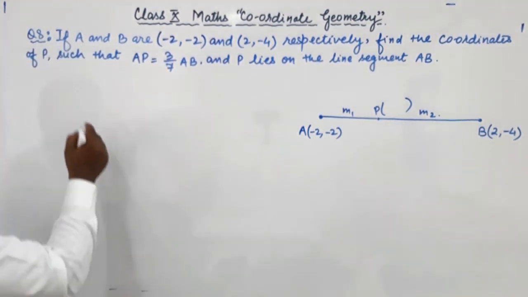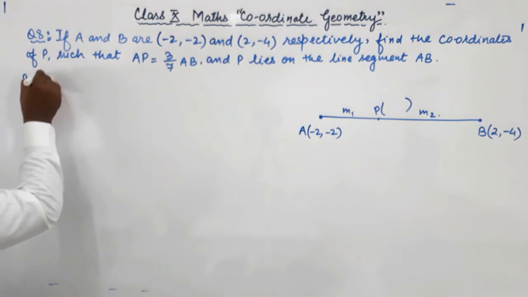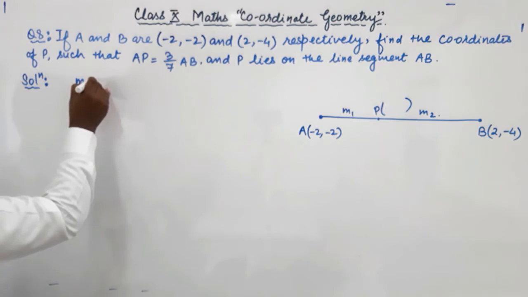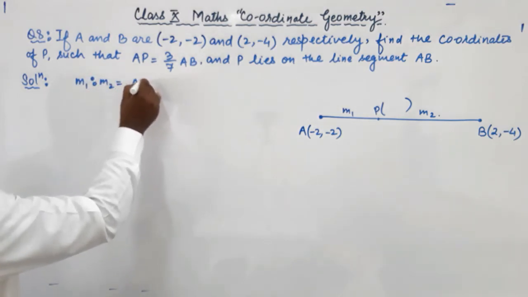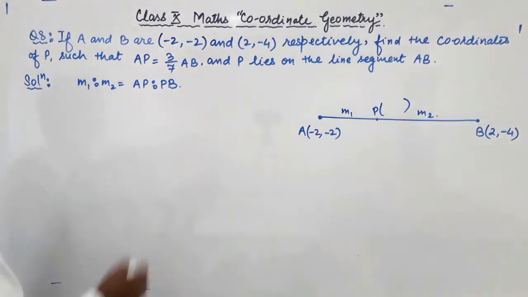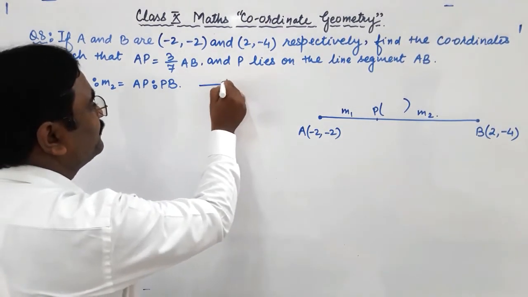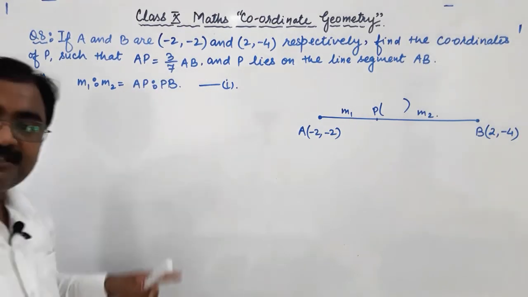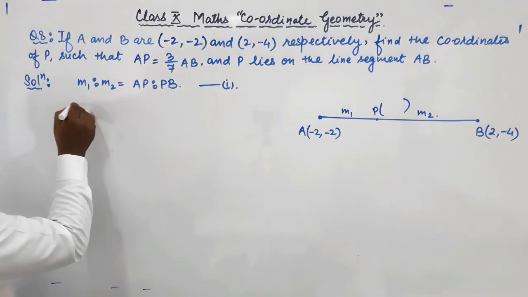This m1 is to m2 equals to, we need to find out AP upon PB, right? So, to find this value AP upon PB, we have to take this result as it is given in this question. So, what is given?